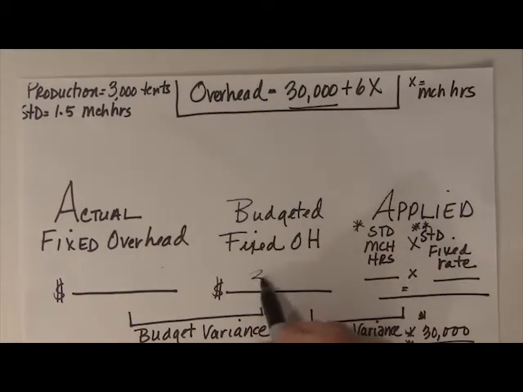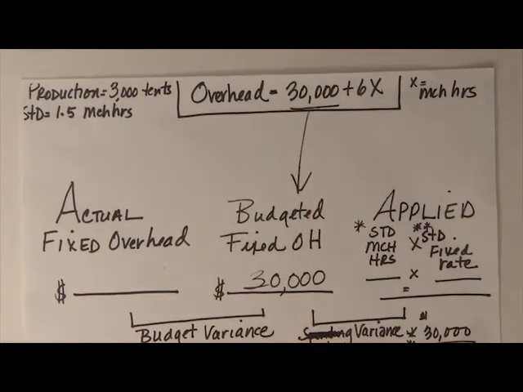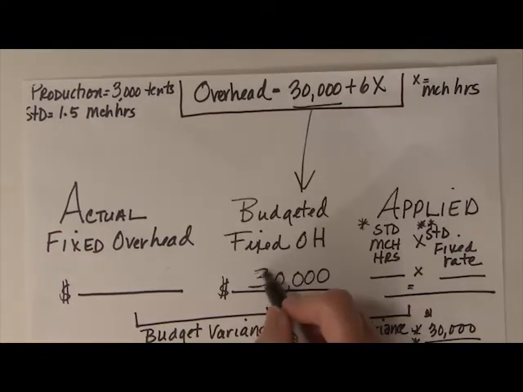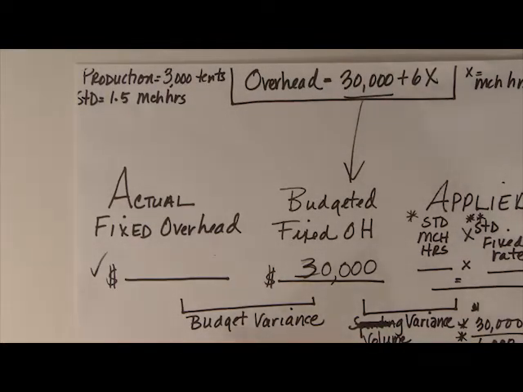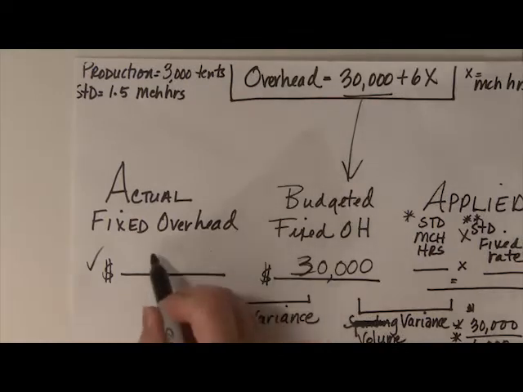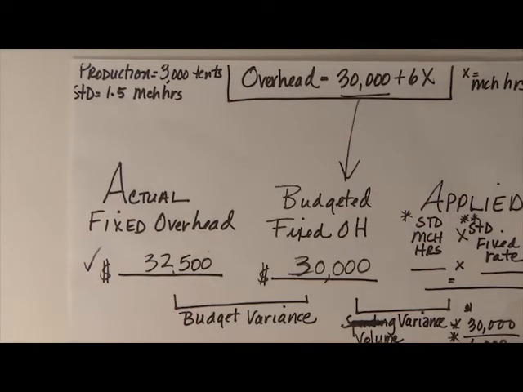So this becomes our budgeted amount right here, 30,000, straight from the cost formula. The accounting system is going to keep track of all these costs and would be able to provide this information at the end of the period that we actually had fixed cost of $32,500, even though we budgeted for 30.